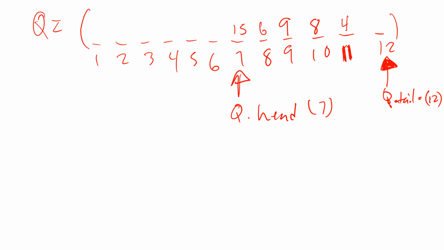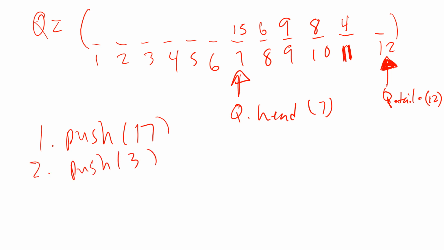Okay? So I'm going to do a couple operations, and then we'll look at what the state of it would look like. So if I push 17, and then I push 3, and then if I push 5, what's going to happen is you're adding right to the end of it.